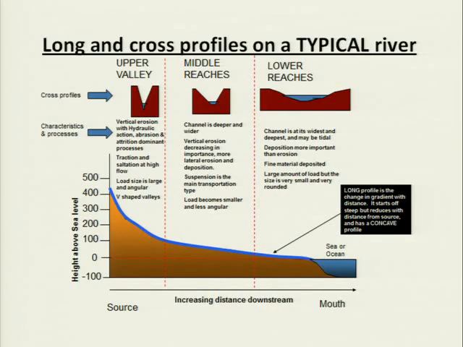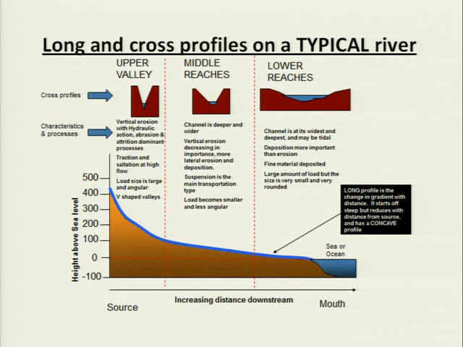Then, if I look at the longitudinal profile and the cross profile of a typical river, there is a comparison, and you guys will see they have done it in the upper, middle, and lower reaches of the river. Okay, let's look at the longitudinal profile. The longitudinal profile in the upper reach is steep.